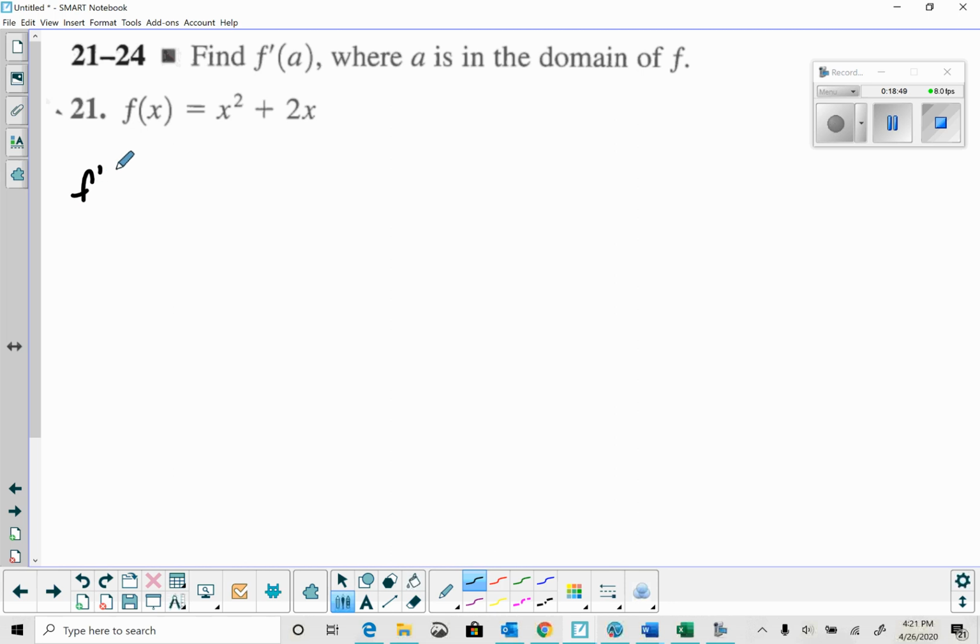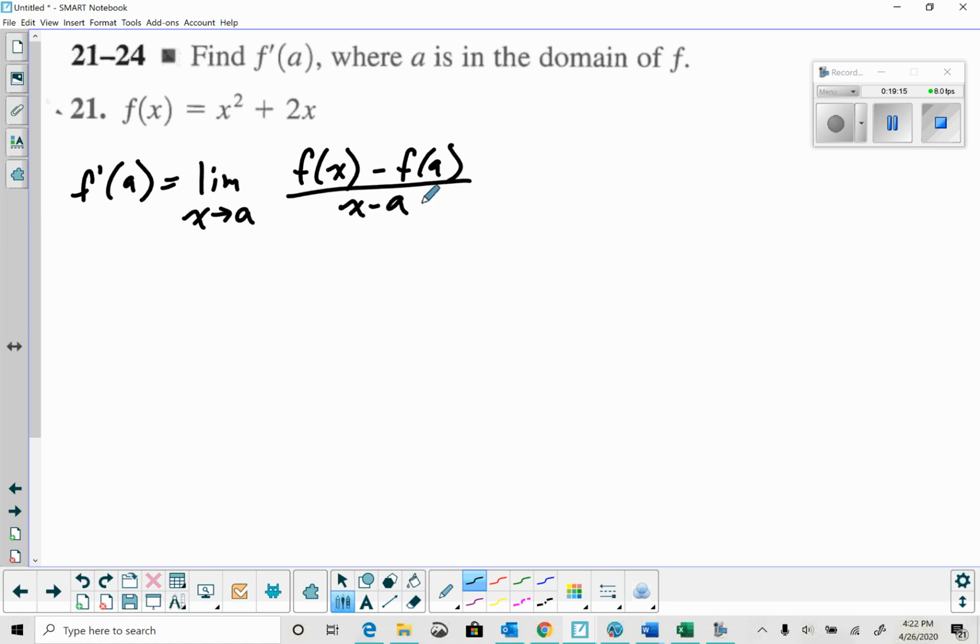F prime of a is going to be equal to the limit as x approaches a. Okay, so in this case, we're not setting it up with h approaching 0. We're doing x and a. So again, if you go back to what was in the notes there, that's f of x minus f of a all over x minus a.